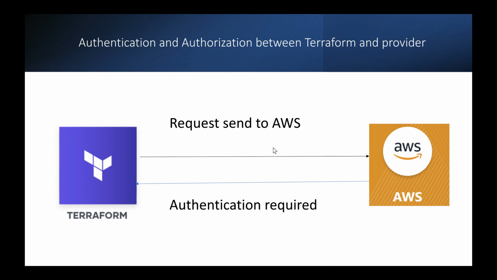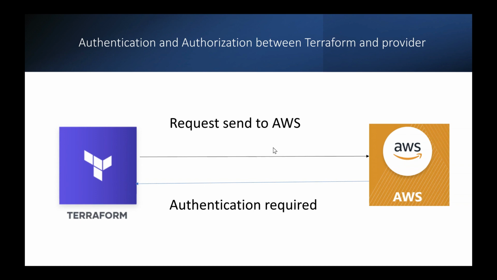AWS will not authenticate it. Basically, authentication means verification of the identity of a user or a service. Whenever we log in to a service, we have to provide our username and password. When you log in to the AWS console, you provide a username and password. Or when you access an EC2 instance through SSH, you have to provide the relevant key.